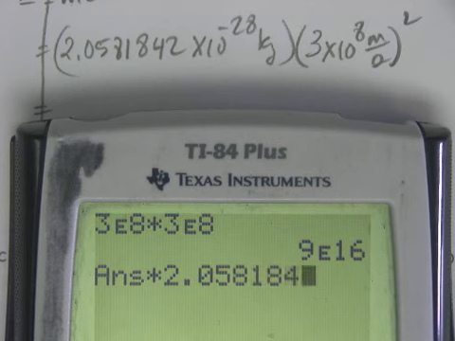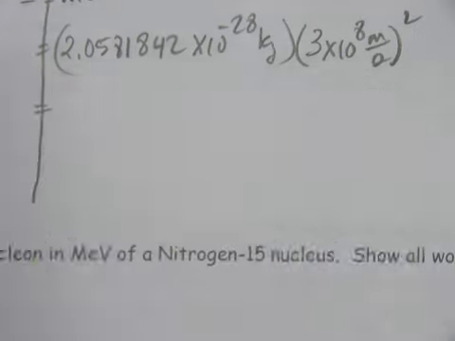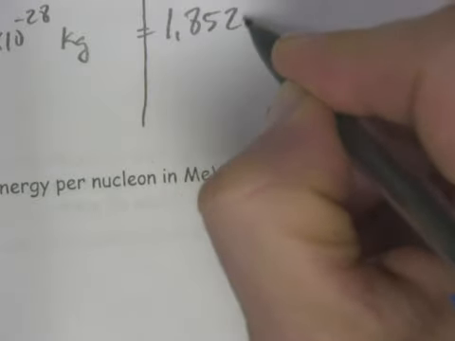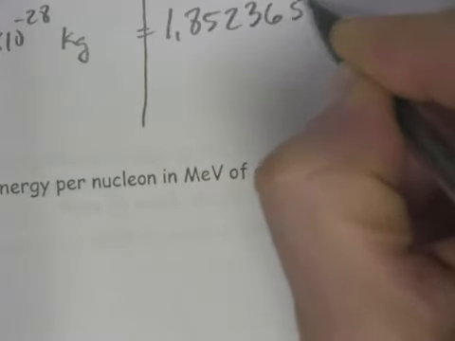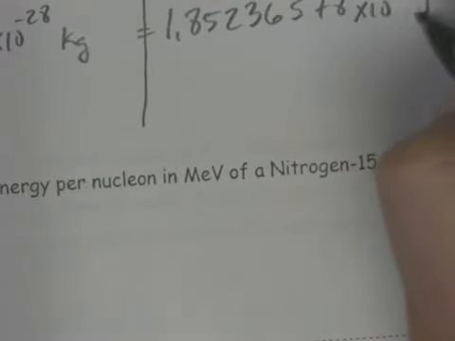Did I get that right? Sometimes you just have to stop and double check to make sure you got it in there right, or else you're going to have a lot of problems as you move along. I think I've got it. Yes. All right, I'm going to record that. So that's 1.85236578 times 10 to the negative 11th, and that's joules.